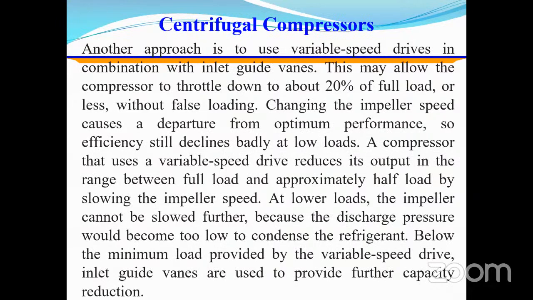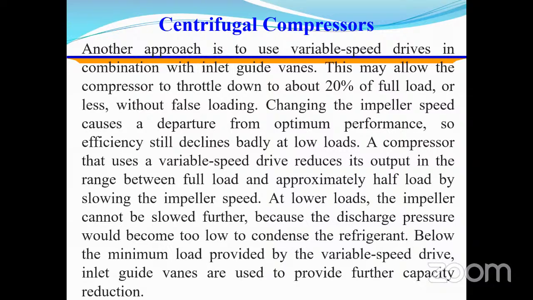A compressor that uses a variable speed drive reduces its output in the range between full load and approximately half load by slowing the impeller speed. At lower loads, the impeller cannot be slowed further because the discharge pressure would become too low to condense the refrigerant.